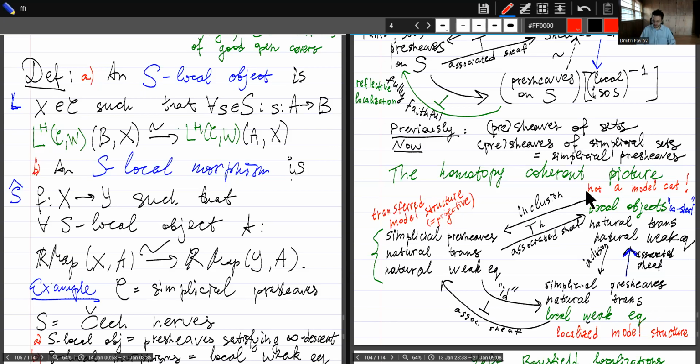On the other hand, local objects per se do not have a model structure because they are typically not closed under categorical limits or colimits in general. So this is just a relative category.